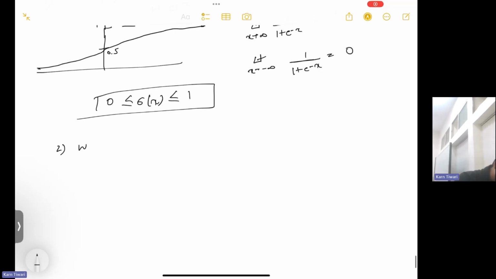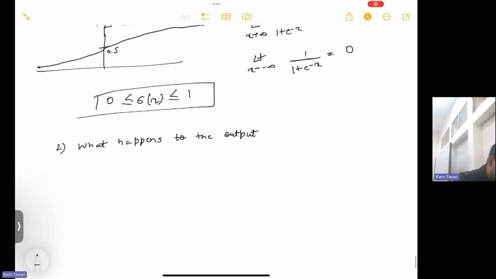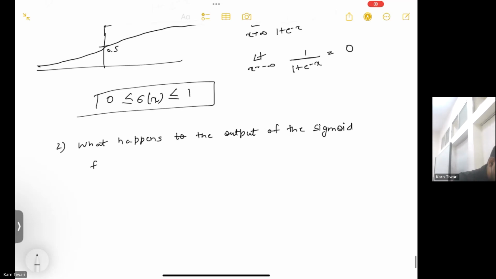Now the second question is, what happens to the output of a sigmoid function as mod of x is very small?